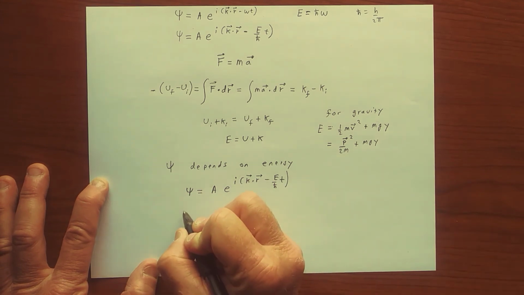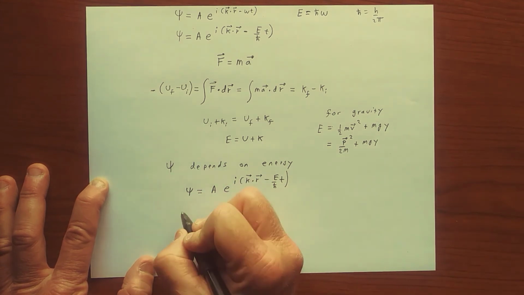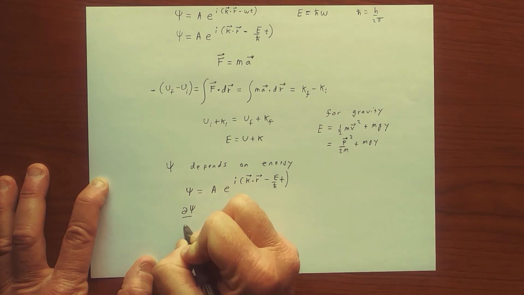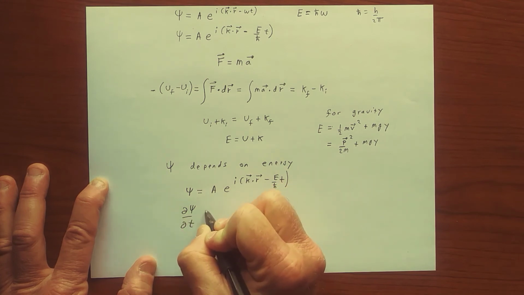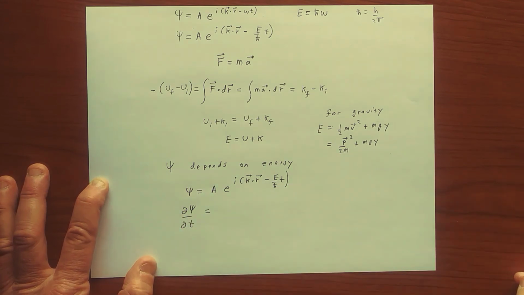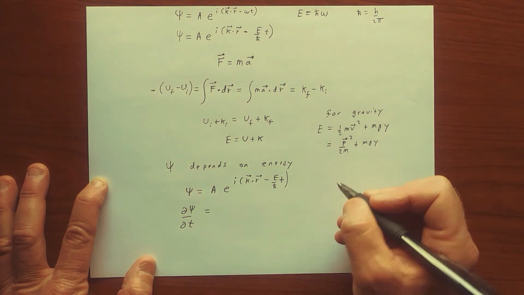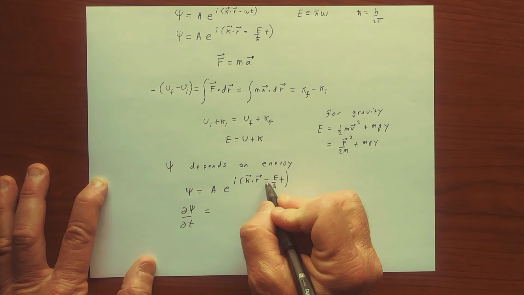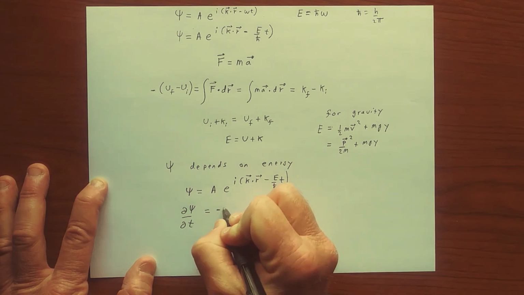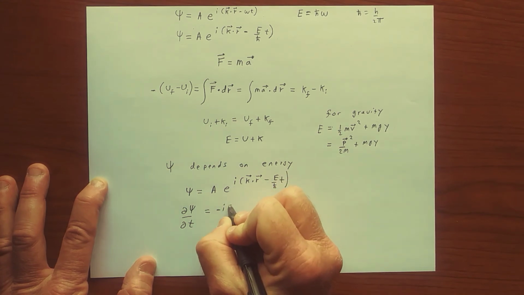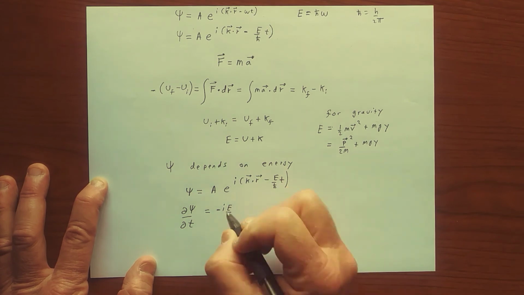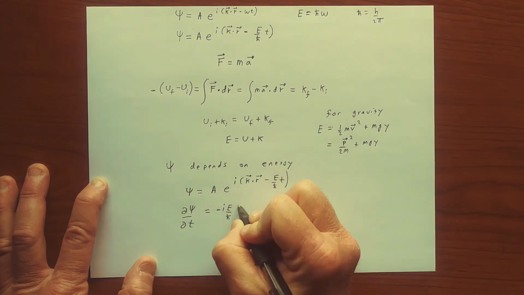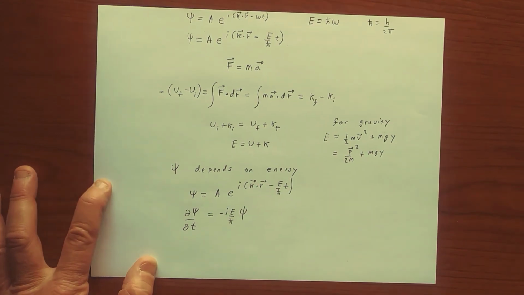And notice that you need a time derivative. If I take the time derivative of this function, psi, I will get the function back, but I will also get a factor of minus i times the term in front of the time part, times psi itself.